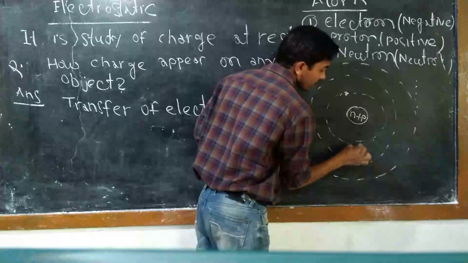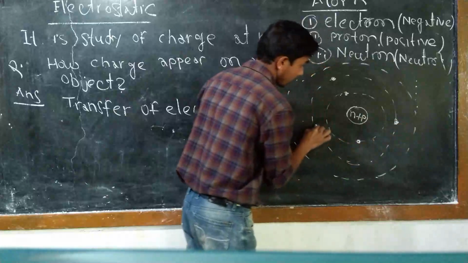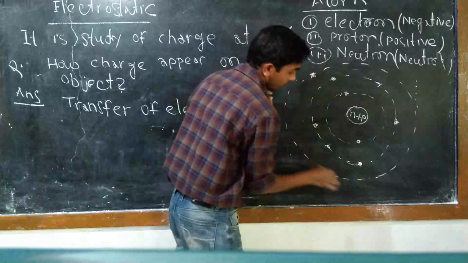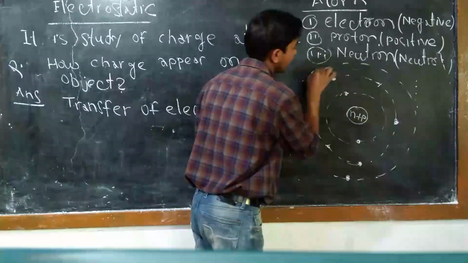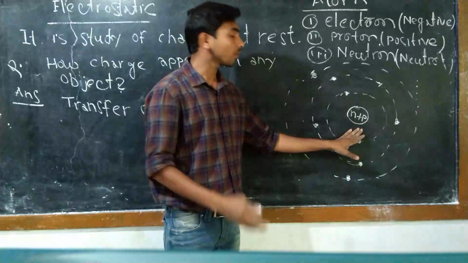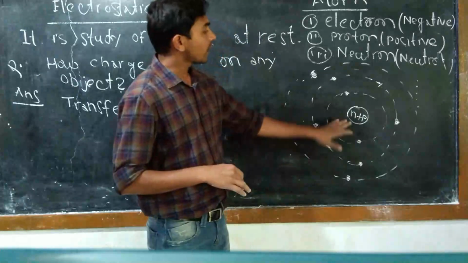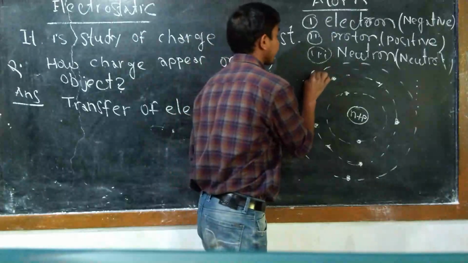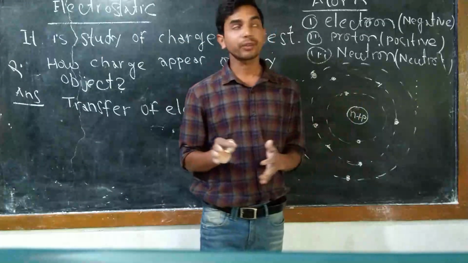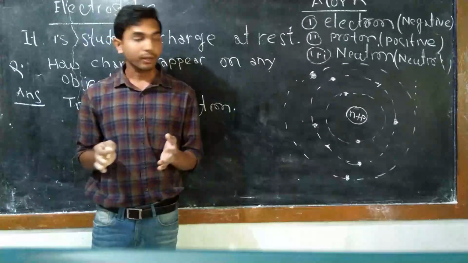Suppose in first orbit, 2 electrons are revolving. Now you can see, where is proton? Proton is inside the nucleus, so it is difficult to transfer proton, right? So that's why only transfer of electron is possible for the charge to appear on a body.